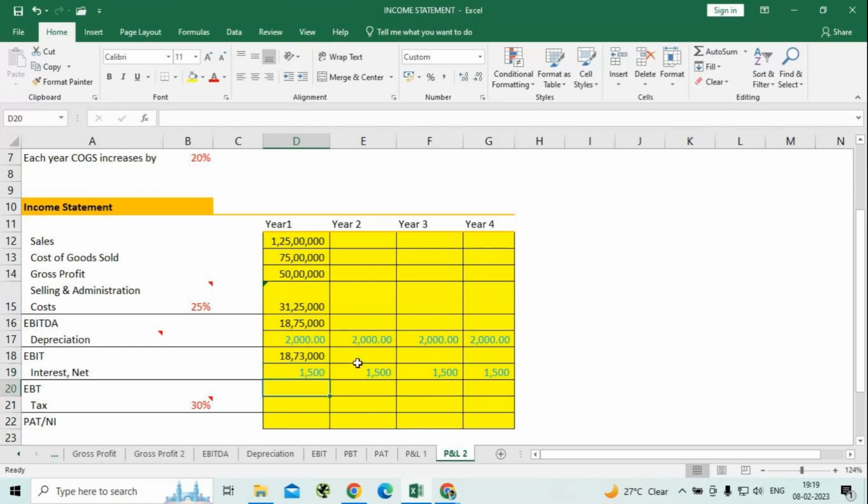So the EBT value will be EBIT minus 1500. Now on this we are supposed to calculate the tax at 30%.